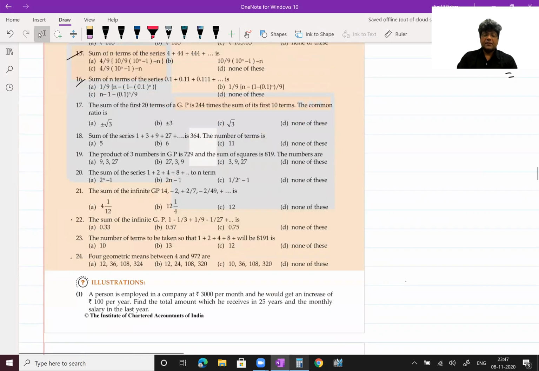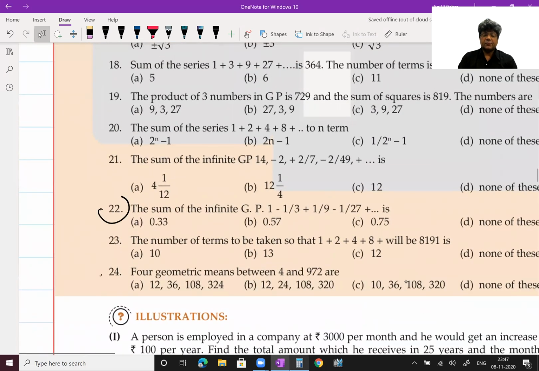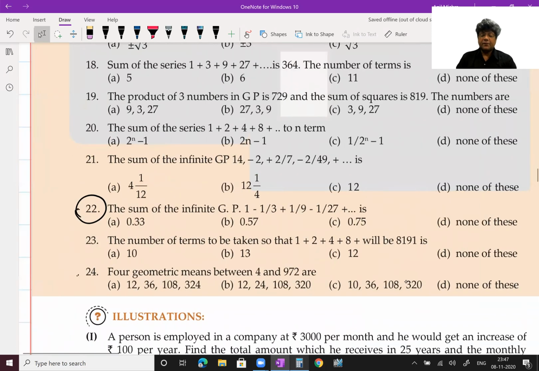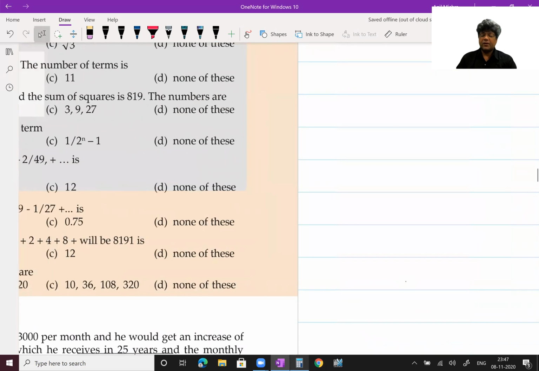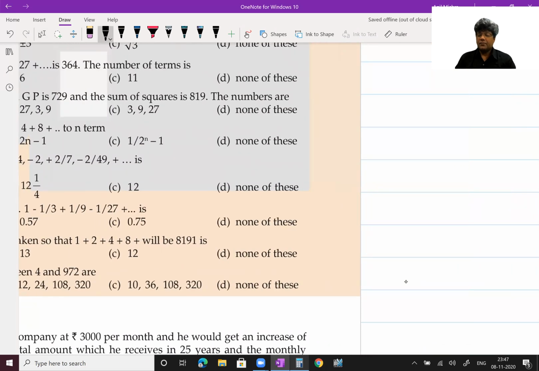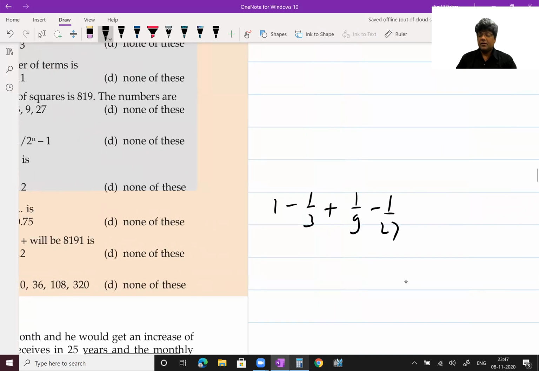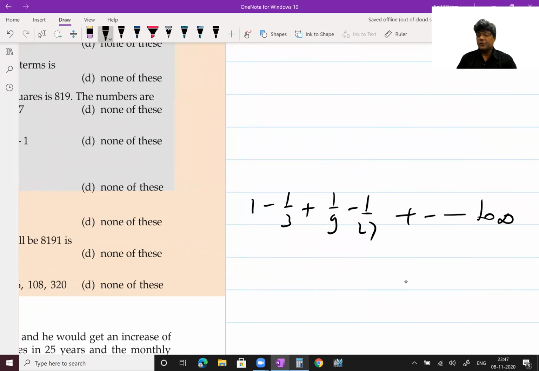Now guys, infinite based questions. See, this question number 22. Sum of the infinite GP, 1 minus 1 by 3 plus 1 by 9 minus 1 by 27 plus dot dot dot to infinity.